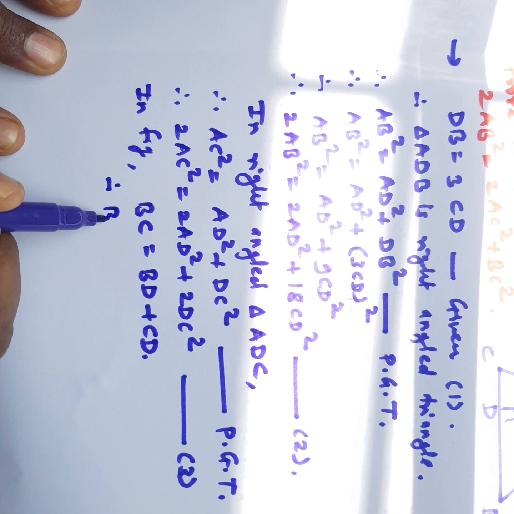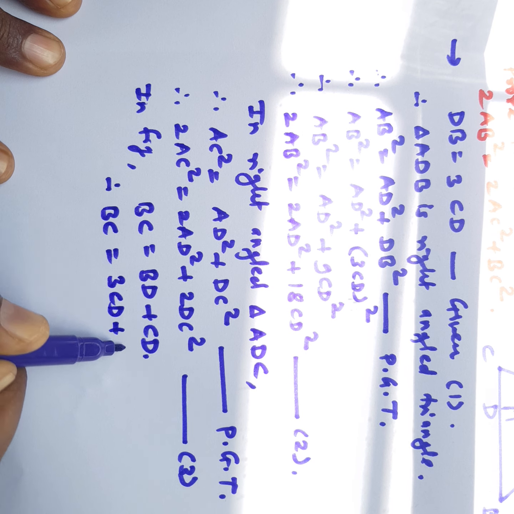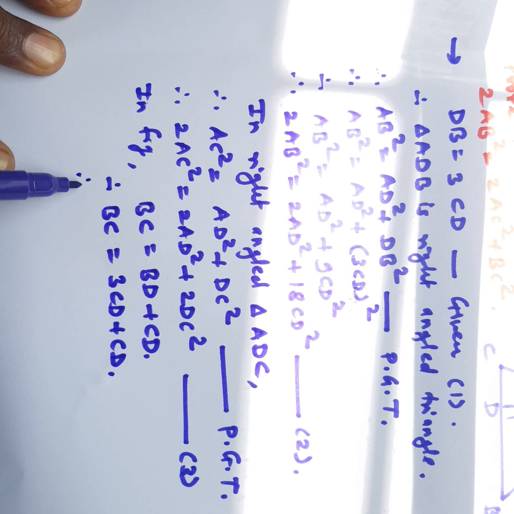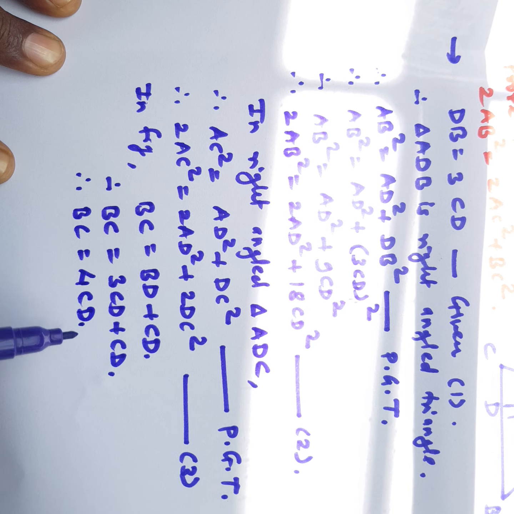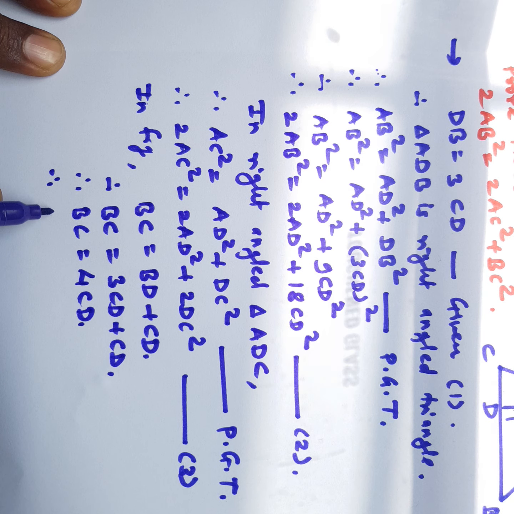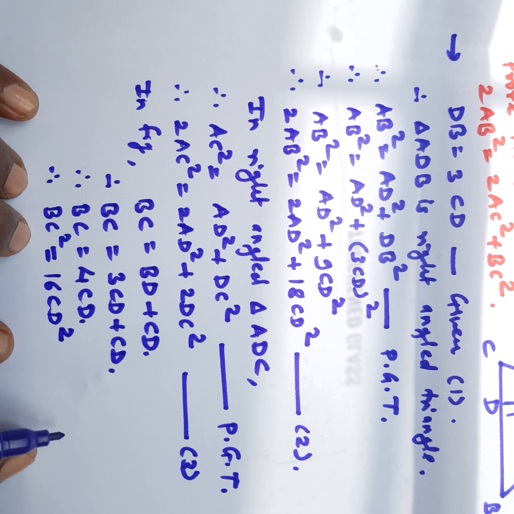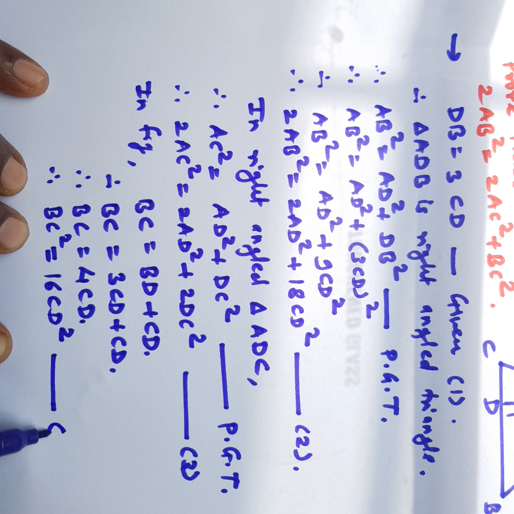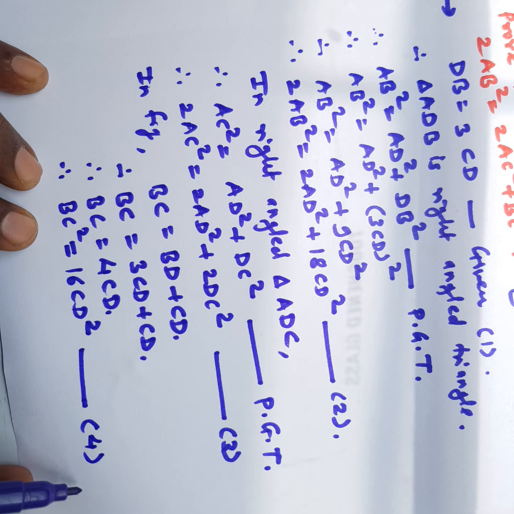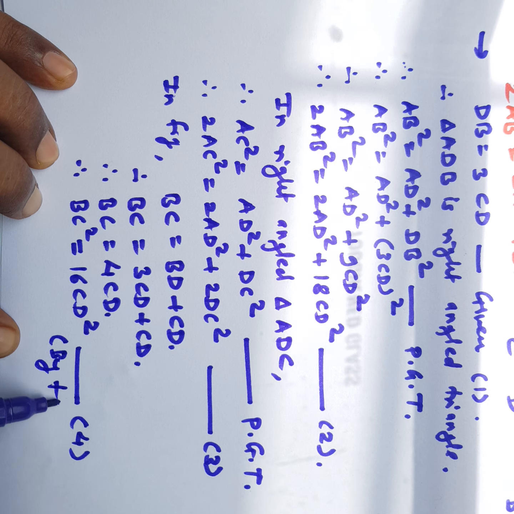Therefore BC is equal to 3CD plus CD. Therefore BC is equal to 4CD. If we take squares, then we will get BC square is equal to 16CD square. Give number 4 to this equation by taking squares.